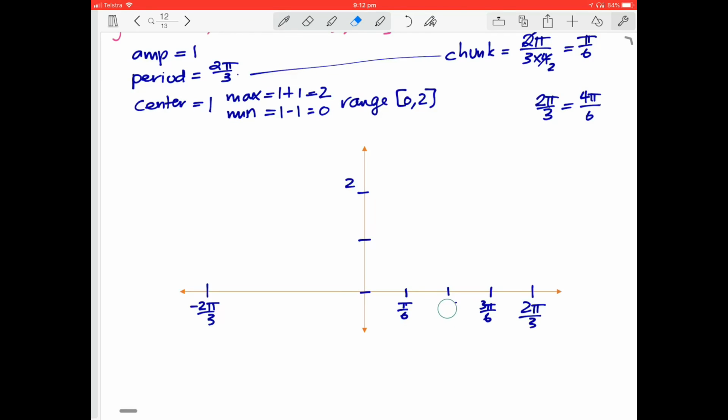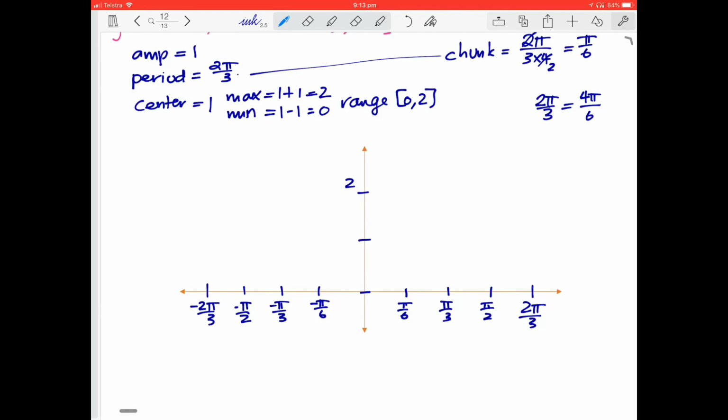We can simplify this one as well. We can say pi on 3. And we know that it's symmetrical, so we can do the same thing to the negative side. So negative pi on 6, negative pi on 3, and we can change that one as well. That's pi on 2. 3 pi on 6 is pi on 2. And then here we've got negative pi on 2.